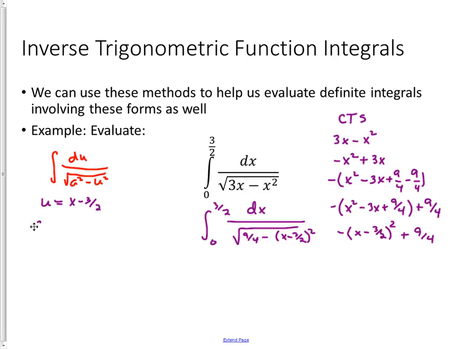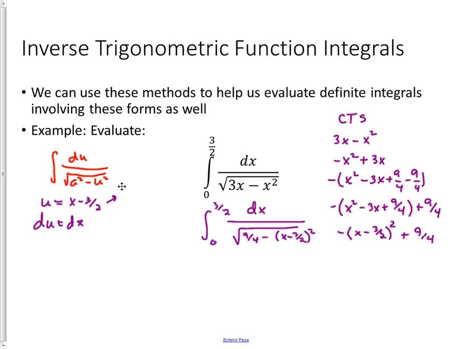So du, of course, is equal to dx, so we've got that replacement right away in the numerator. The other thing we might note here, however, is that we have limits on our integration, and we can change those by evaluating u at those endpoints. This way we don't have to do a back substitution at the end.